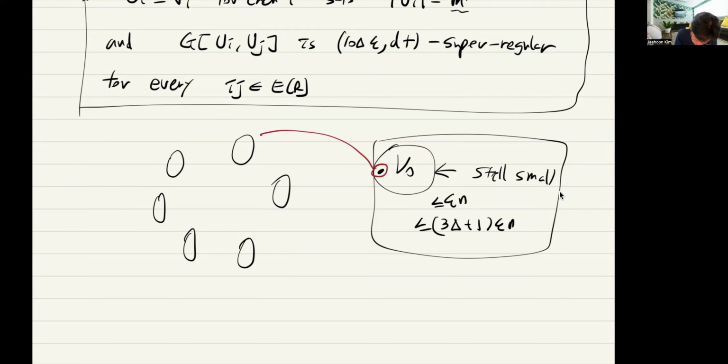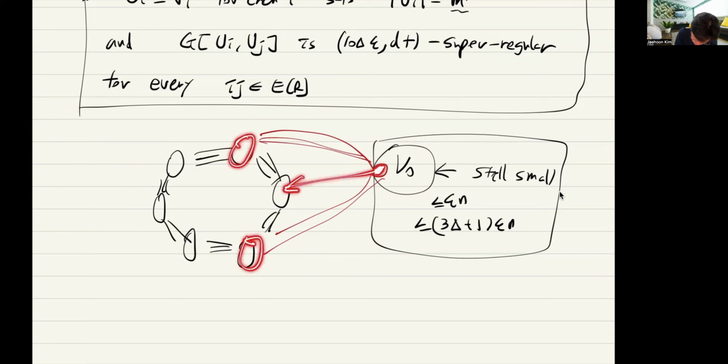If this one has lots of edges to here and lots of edges to here, then you move it to here so that after adding it, this vertex still has lots of neighbors, so it will be okay. And in order to do that, we have to show that every vertex here can go to somewhere so that these are superregular. And the number of vertices in each one of them is exactly as required, because H already has a specific structure, right?